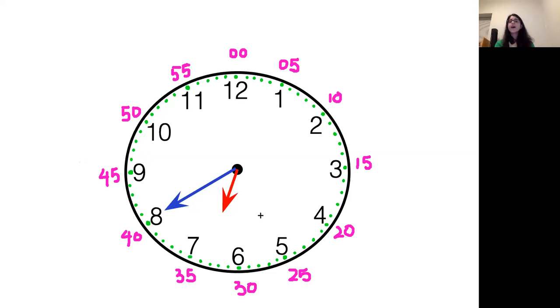So hopefully that clears up how to read a clock just a little bit for you. And I suggest you, if you have a clock at home, or you could just draw a clock the way I did on paper or something like that, and just keep doing examples. So for instance, I'll write down some examples here for you. Try and find 1:30 on the clock.